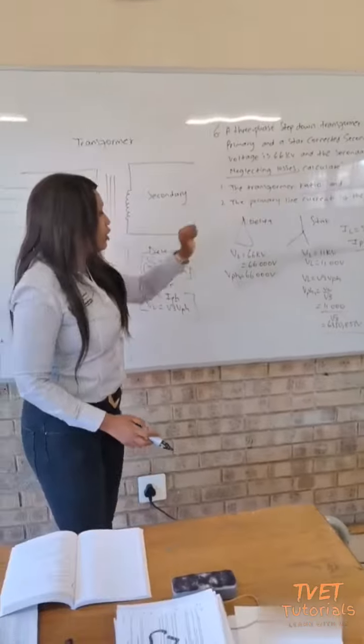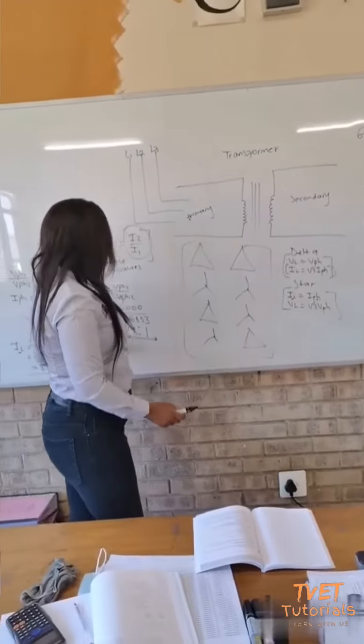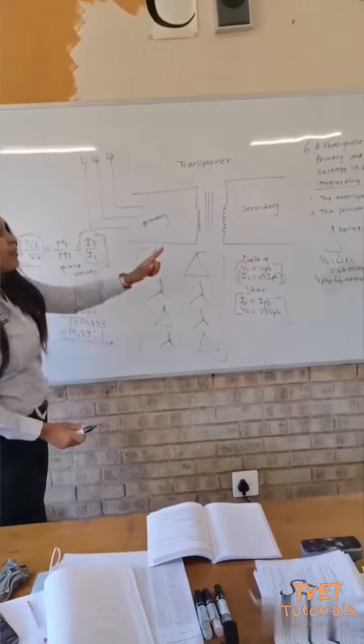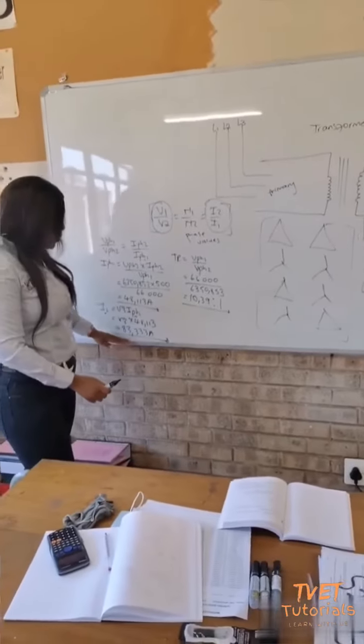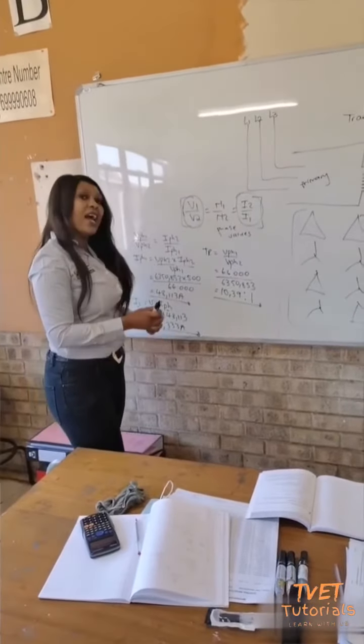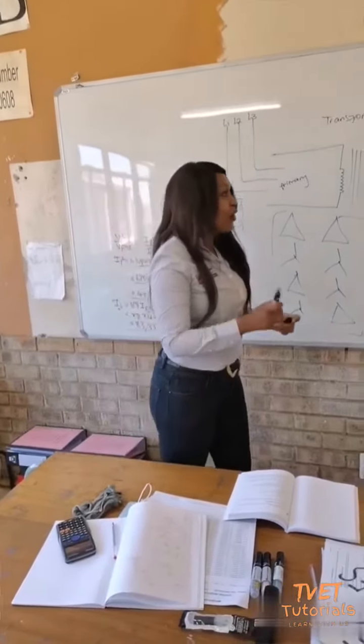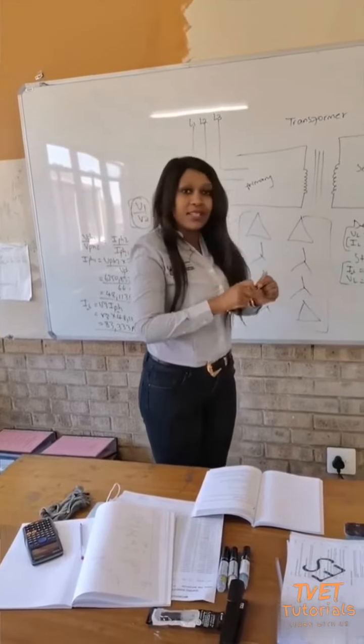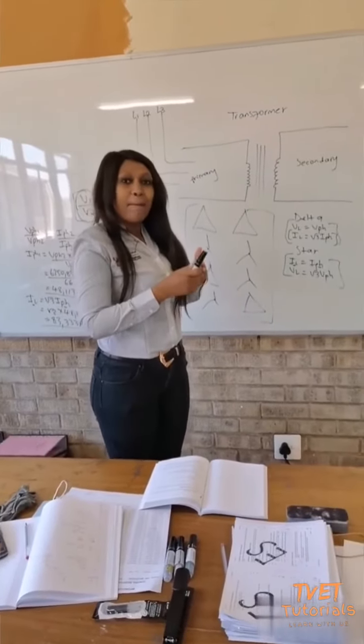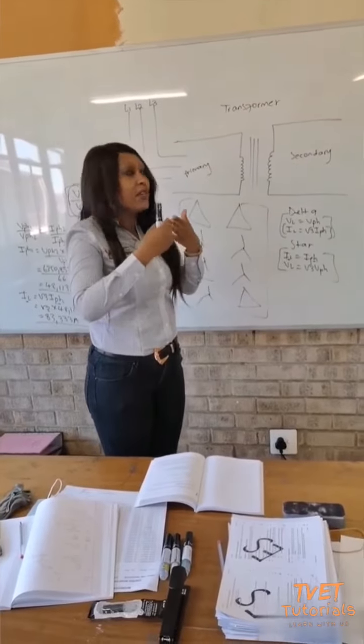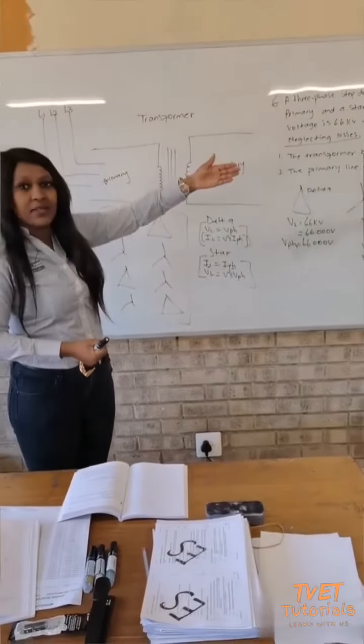The transformer ratio is 10.39 to 1. The primary line current is 83.333 amperes. What is important is to understand which side, or what information, you are given in the statement.